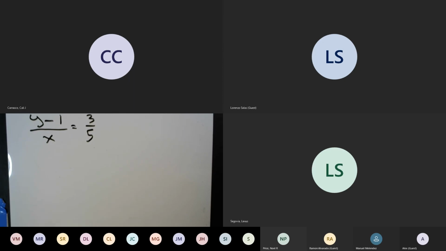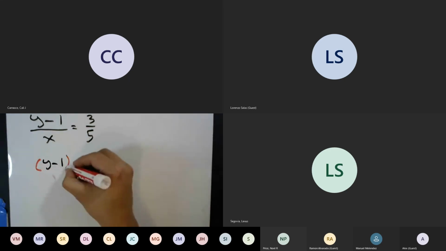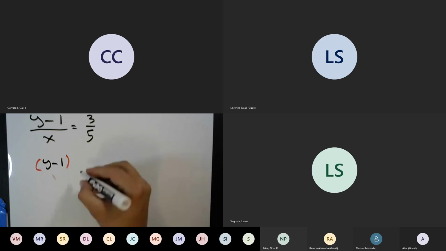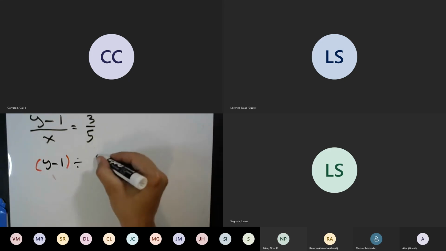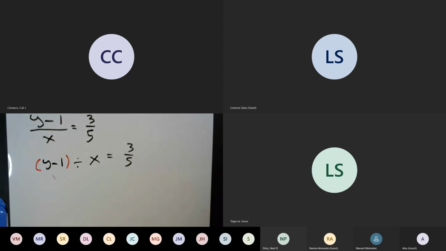So we can think of this, and with these large fraction bars, we have implied parentheses. So we can think of this as y minus 1 divided by x.